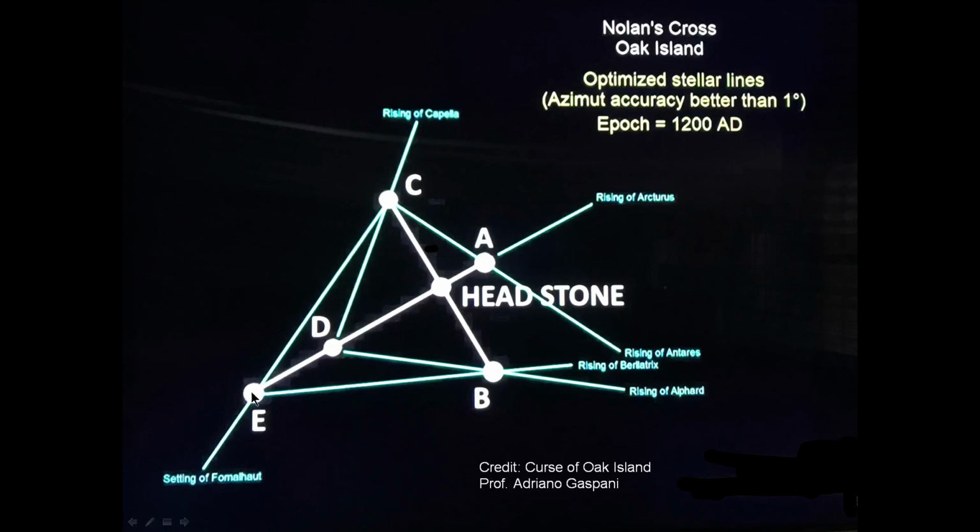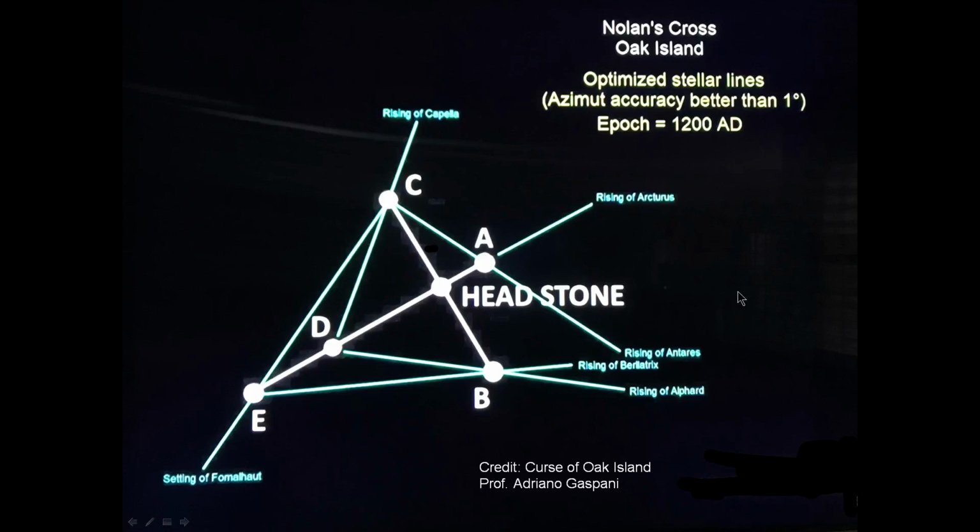And cone E then can go to the rising of Bellatrix, and then it sets in position cone B, which basically would give us a distance here of 720 feet, which is what Fred Nolan measured between cone C and cone B. And cone A, of course, is the rising of Antares, and that would give us that alignment, also giving us a lock point for cone C. And cone A would be along that line of the rising of Arcturus.